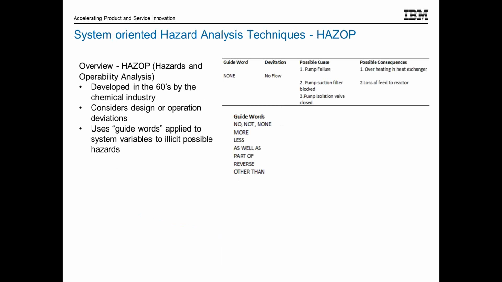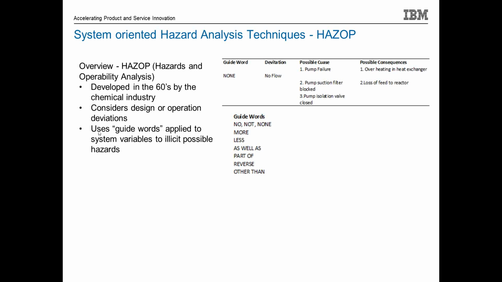Now, there are and have been some approaches taken by certain industries. The chemical industry created HAZOPS, which is really a systemic analysis technique for a chemical system or a plant processing system. It's a process kind of thing.